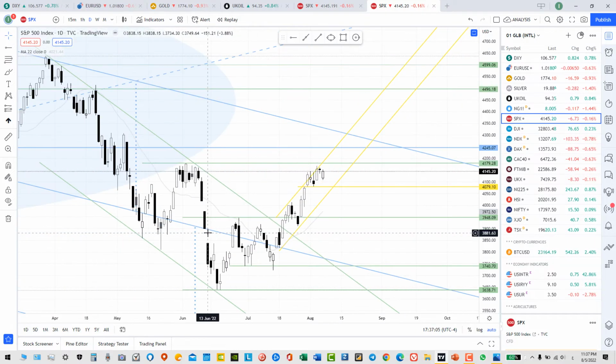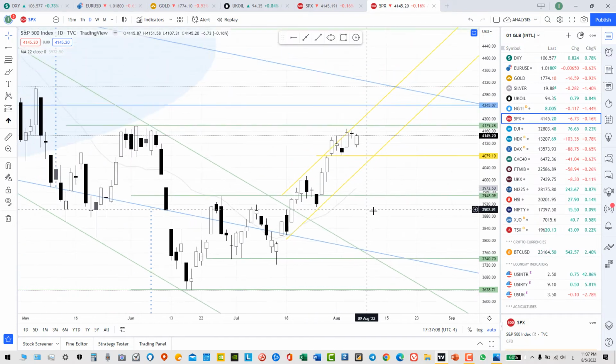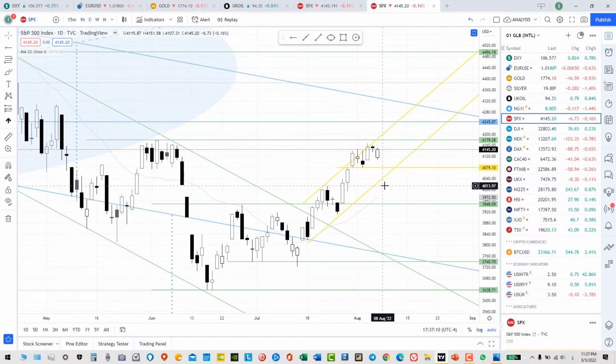Concerning the short-term correction, we do expect it to continue a little bit more, and the correction is considered intact and continuous as long as it is within this yellow ultra short speculative upward move, and as long as it is above the ultra short term support around 40.80.